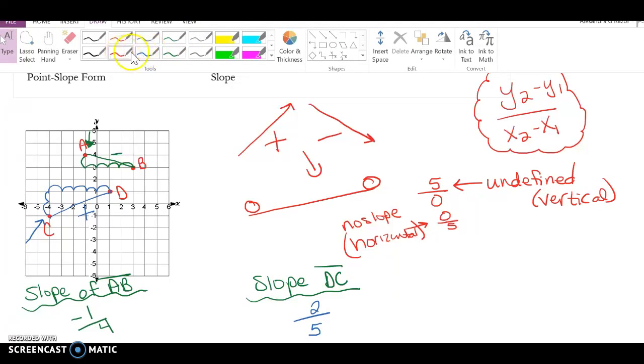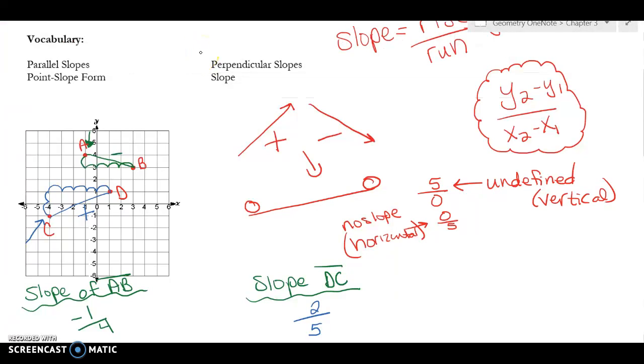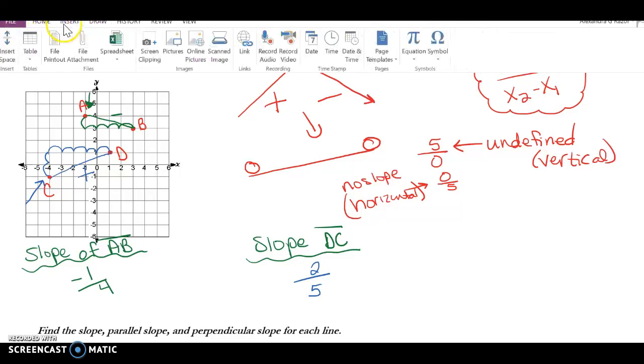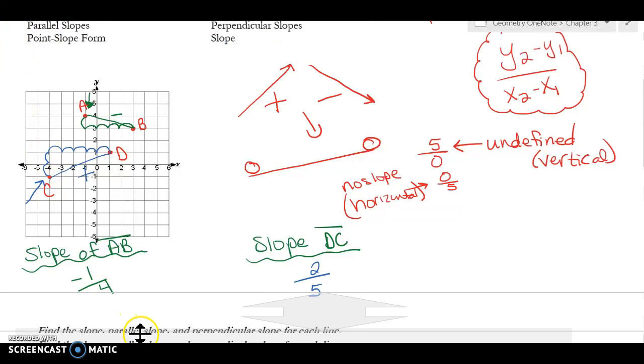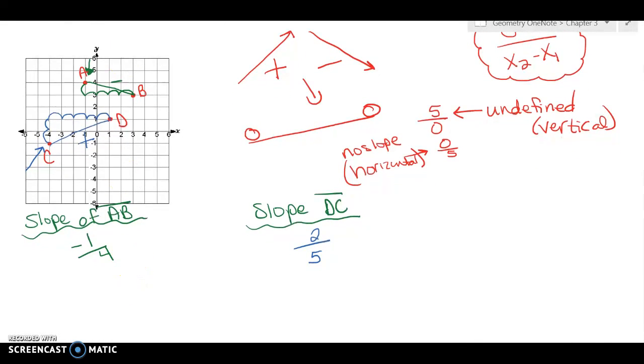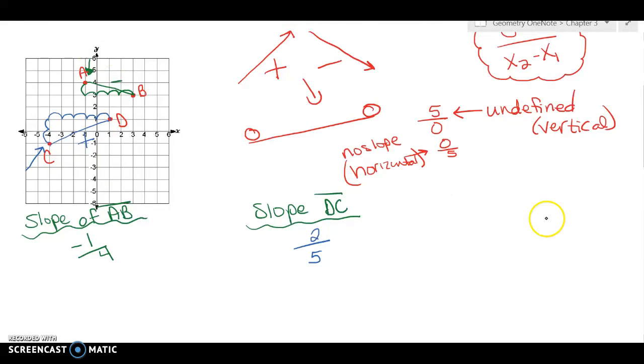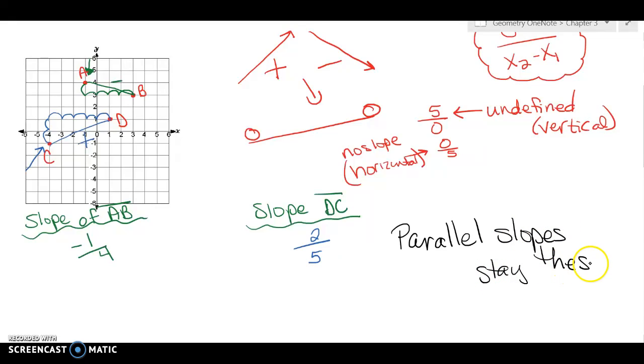The next thing that I want you to learn is there's a saying or a little song that sometimes I sing because it helps people remember it. It's not really a song, but it's just something that helps people remember the rule about parallel and perpendicular slopes. And what it is: parallel slopes stay the same, perpendicular flip and change.